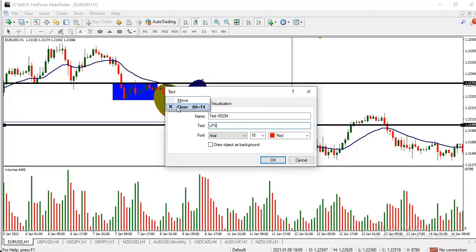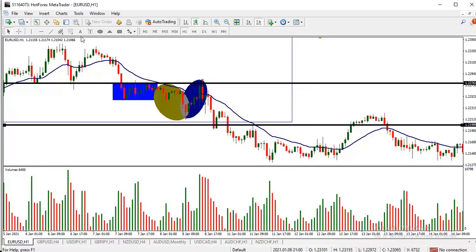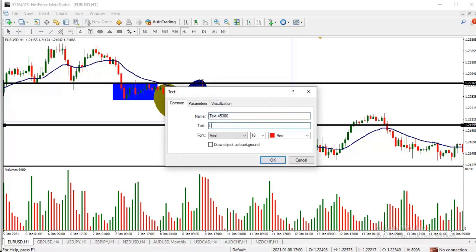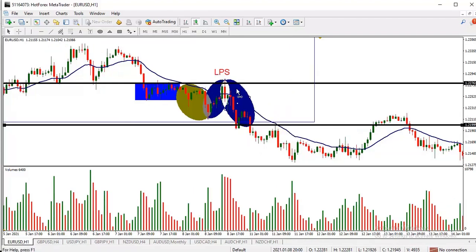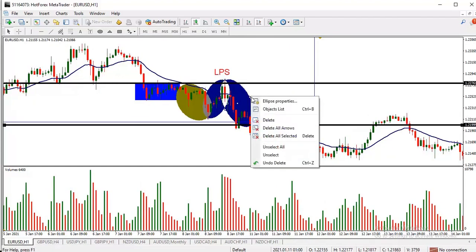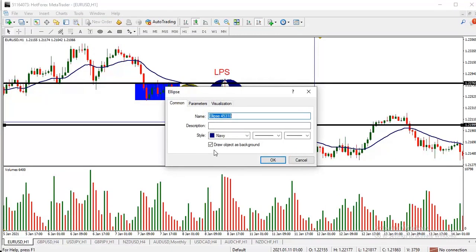Yeah, they formed their LPS here. And what did they do? They now distributed it to touch our target. This is our target, sorry. They distributed price to do what? To touch our target.